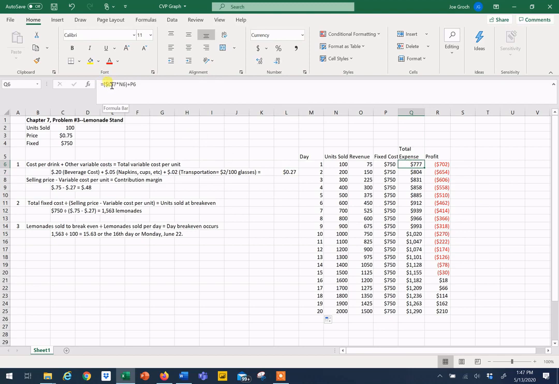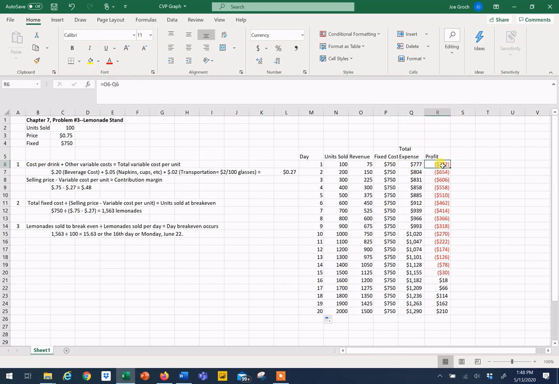So it's dollar sign L, dollar sign 7, because we want to keep that constant, times N6, which is right here. You'll notice we put that in brackets so it does that operation first, and then we're going to add P6. What's P6? P6 is our fixed cost. And again, we're going to copy and paste that down.